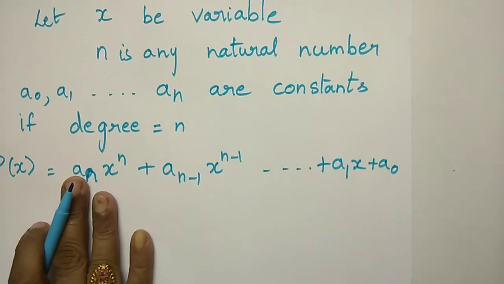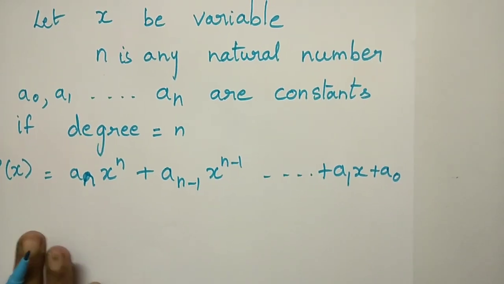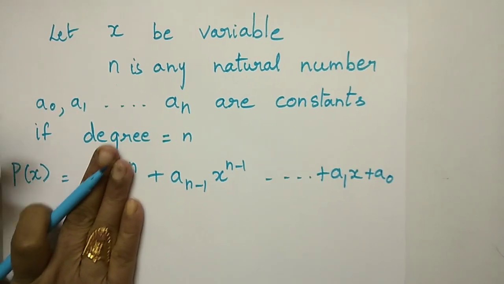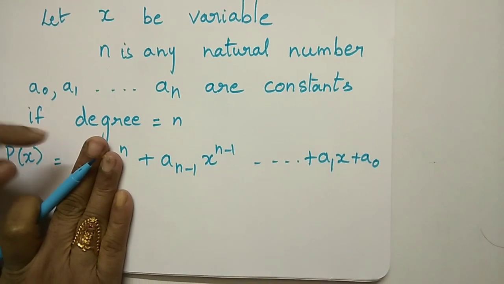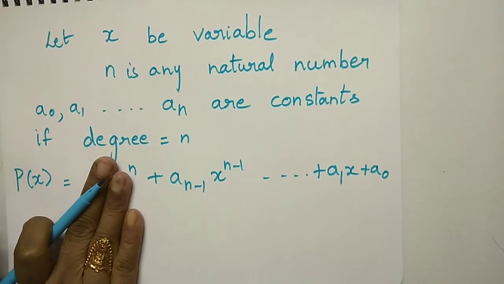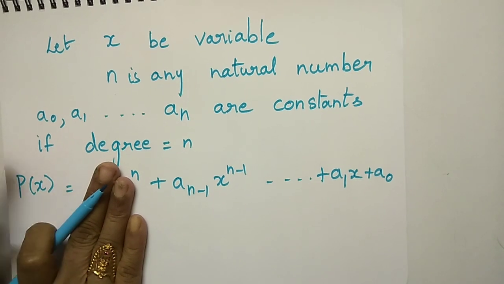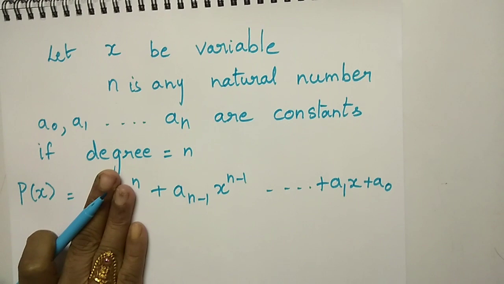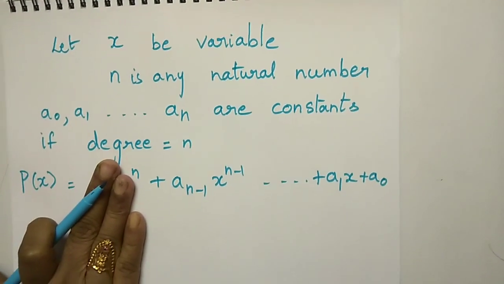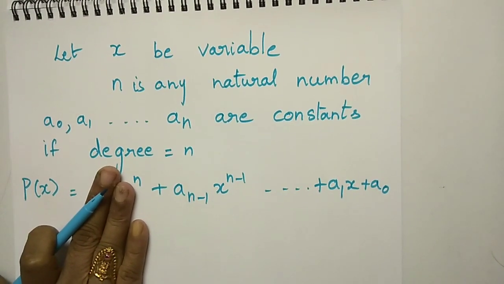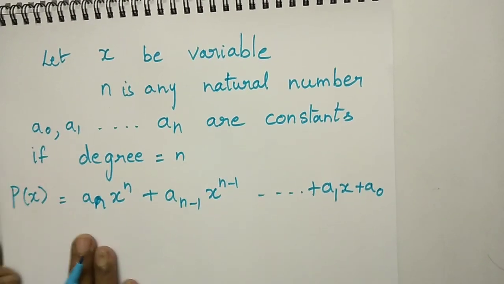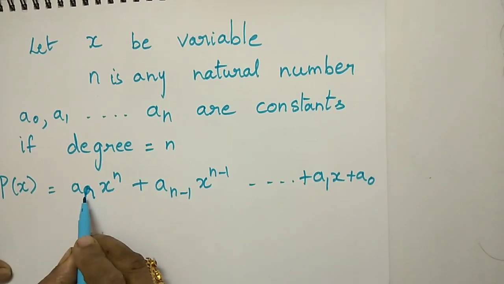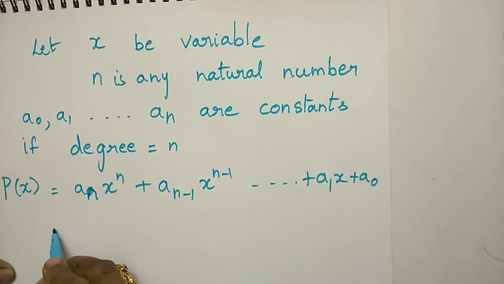If you observe this polynomial, if an becomes 0, does it make sense to say that it is a polynomial of degree n? No, right? Then it becomes a polynomial of degree n minus 1. So we should write a condition stating that this is a polynomial of degree n. For that reason, we will write an not equal to 0.